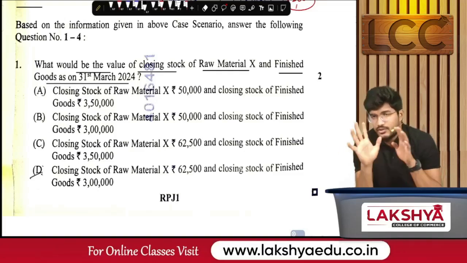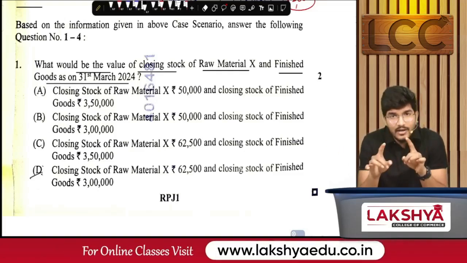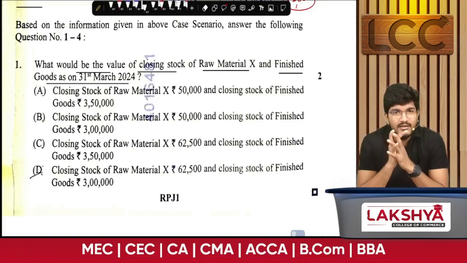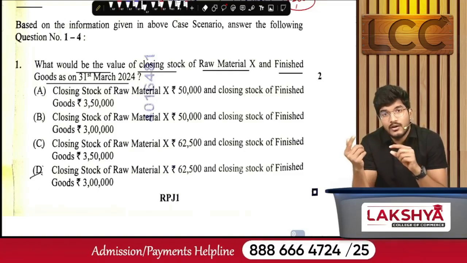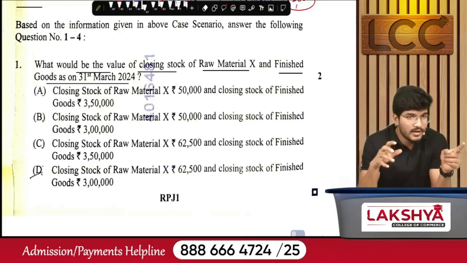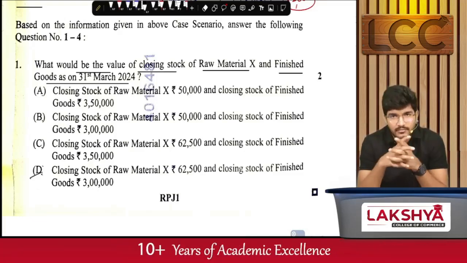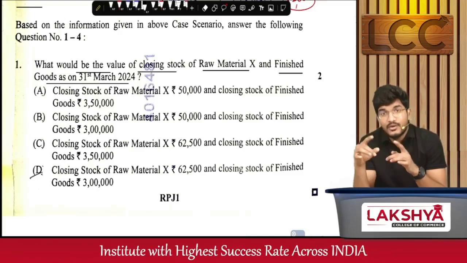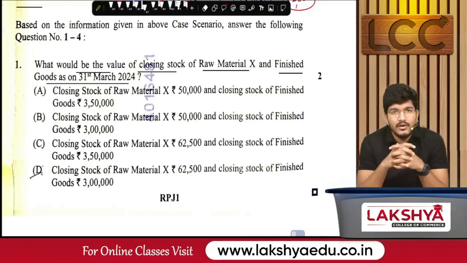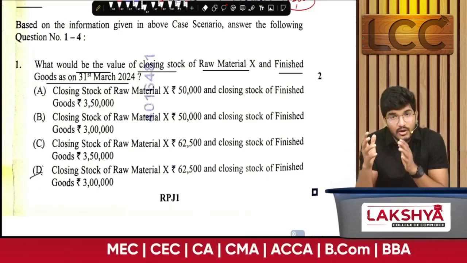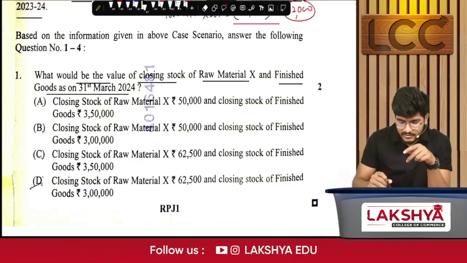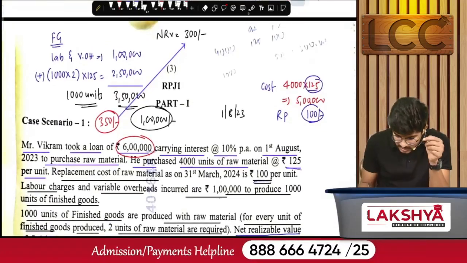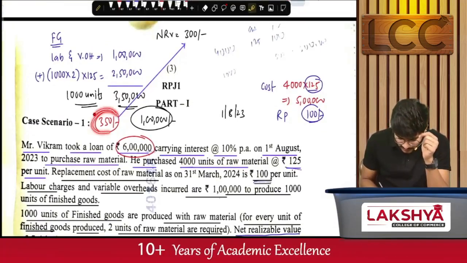Now, as per the provisions of AS 2, raw material valuation depends upon the finished good selling price. If the finished good selling price is more than or equal to cost, then raw material should always be valued at cost, right? And if the finished good selling price is less than cost, raw material should be valued at cost or replacement price, whichever is lower. So in the given case, cost per unit of finished good is 350.